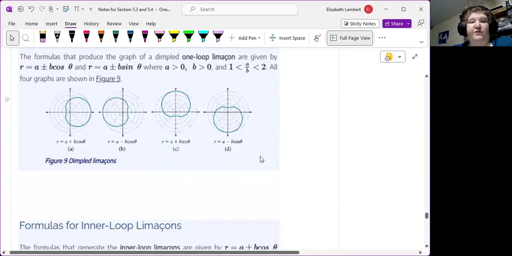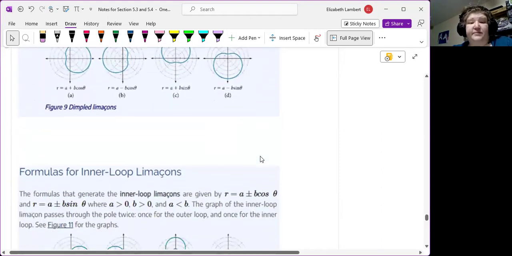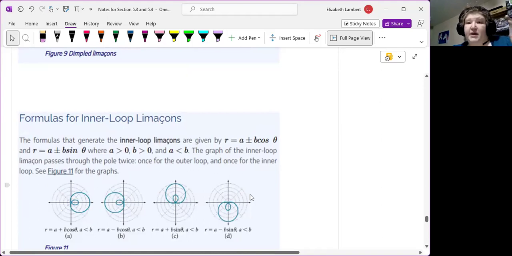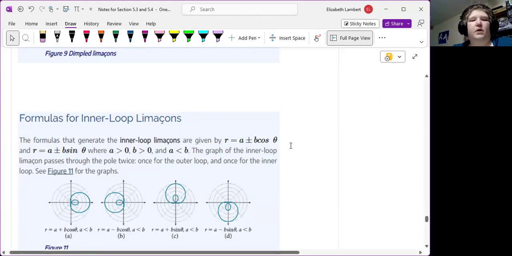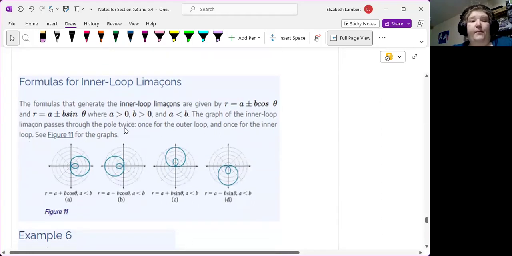Now, this is different from when we go down here, and now B is bigger than A. We're going to get something like a cardioid, but it has an extra little loop inside. So it's going to pass through the pole, which is the origin, twice, once for the outer loop and once for the inner loop.